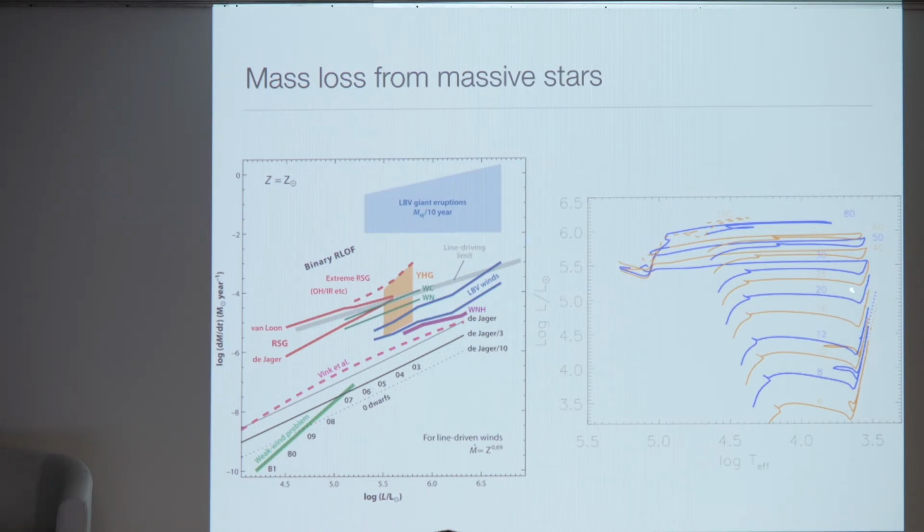If there's no significant mass loss, the star will end its life as this big star called a red supergiant. If the mass is sufficiently high, mass loss will play a significant role, and all of the hydrogen-rich envelope will be lost, and then the star will end up as a Wolf-Rayet star.